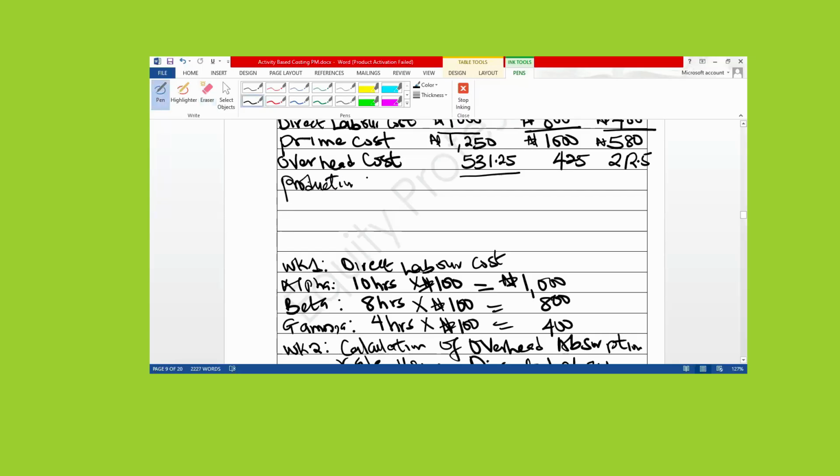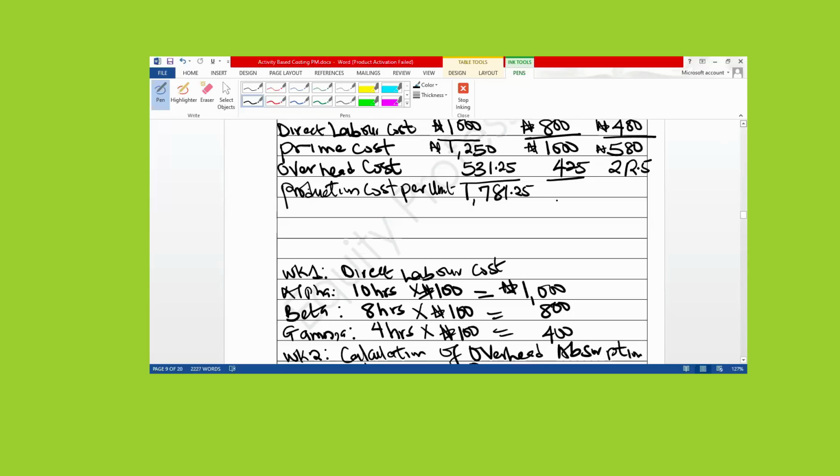Production cost per unit. Summation here, what do we have? 1,000. 1,781.25. Next. 1,425. Then the last one, 792.5.